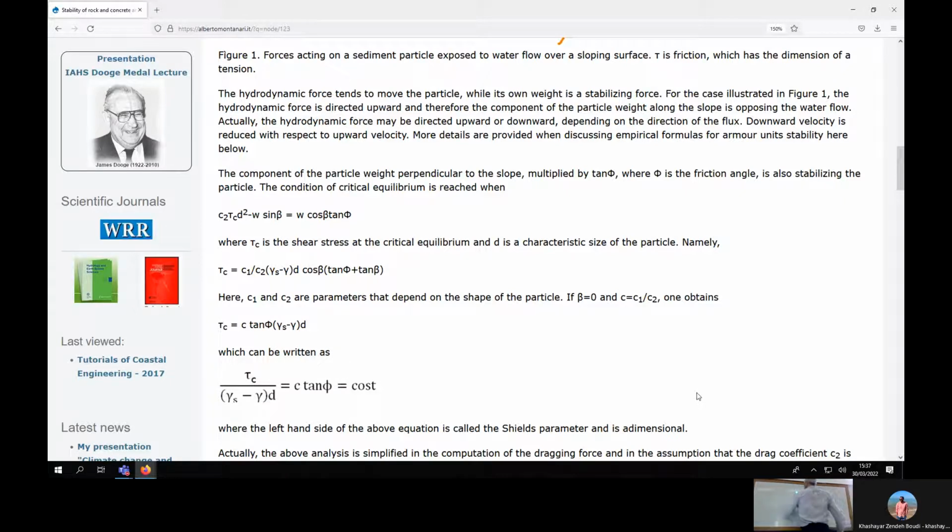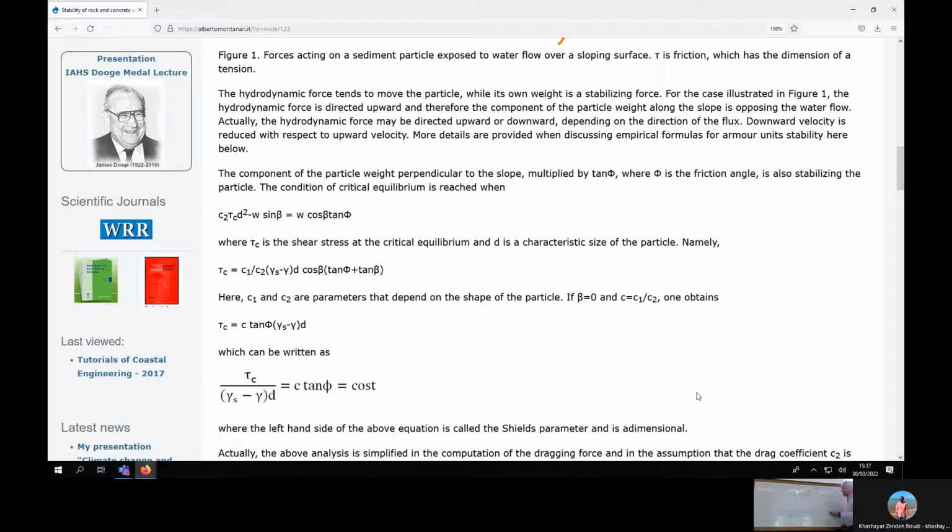Let me write it in this way: tau divided by gamma s minus gamma d is equal to constant. Why constant? Because if I assume that C, which is a shape coefficient, is constant, the friction angle is constant and beta is constant.